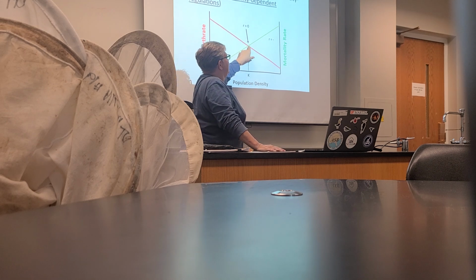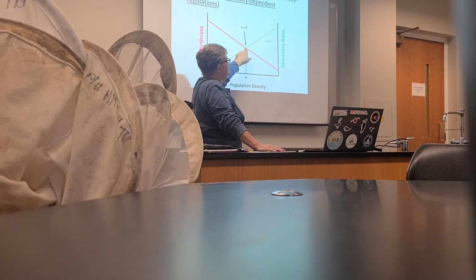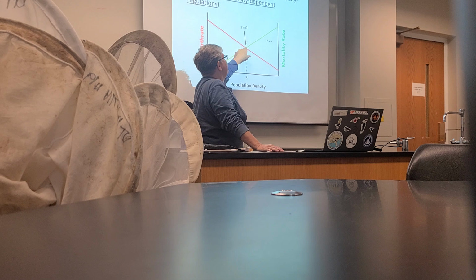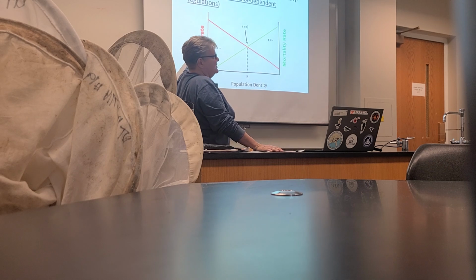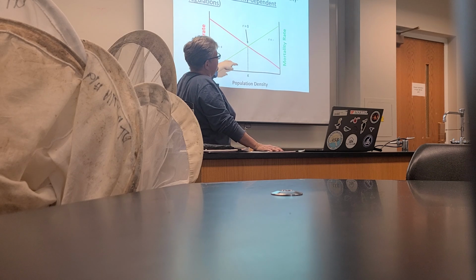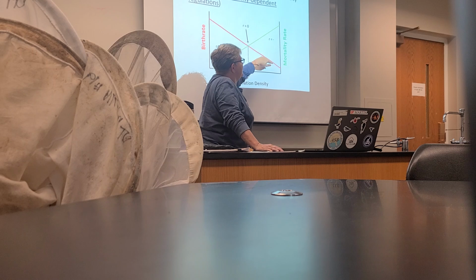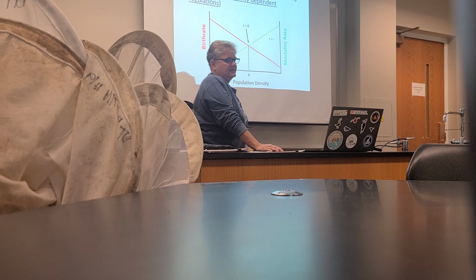And so where the carrying capacity is, that's where your birth rate and mortality are balanced, and the growth rate right on this point is going to be 0. Now over here, the birth rate's higher than the mortality, so our growth rate is positive. And then on this side, the mortality is higher than our birth rate, and so our growth rate is negative.